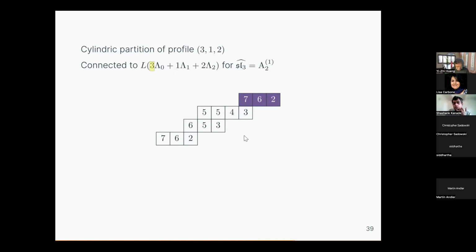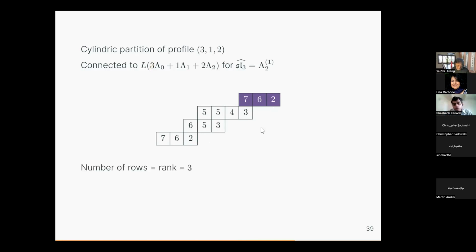When you count the weight, you only count the white boxes, but the condition really involves this repetition of you copy this, you put it on top, and so on. You could continue doing this. Now you put 653 on top, appropriately shifted, and you keep going. And so people like to draw this with a cylindric shape that keeps winding up around itself.